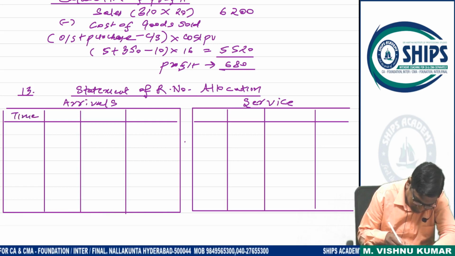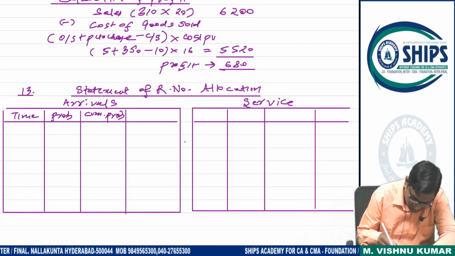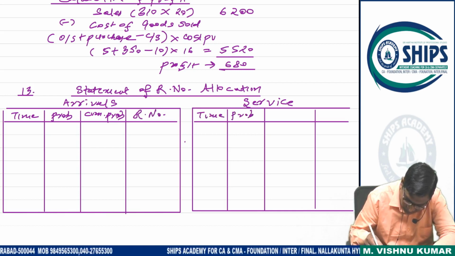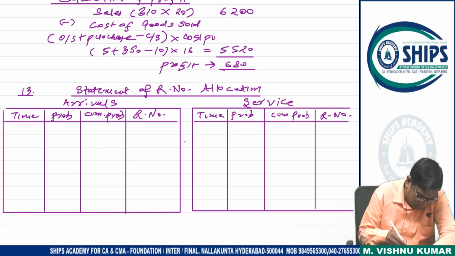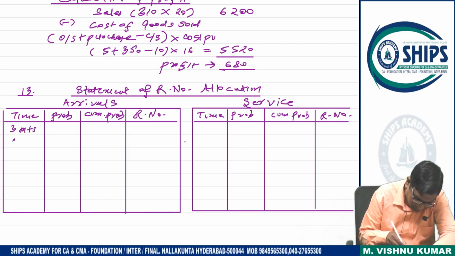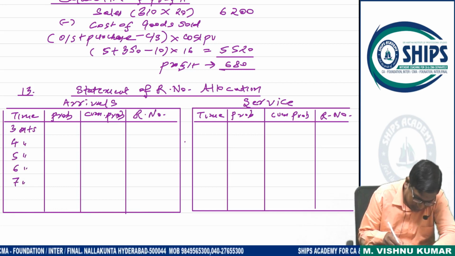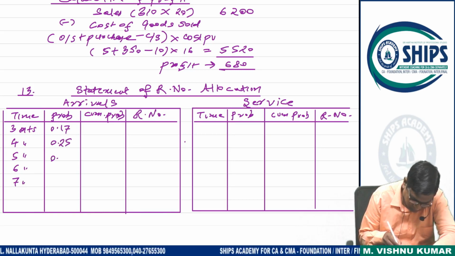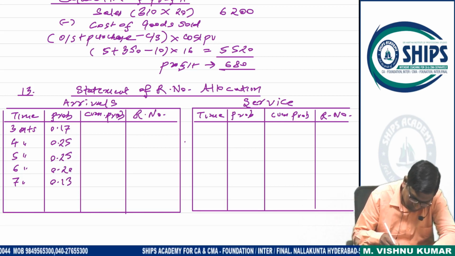चलो time, probability, so first 3 minutes, probability 0.17. Yeah, 17 प्ले कर देंगे.